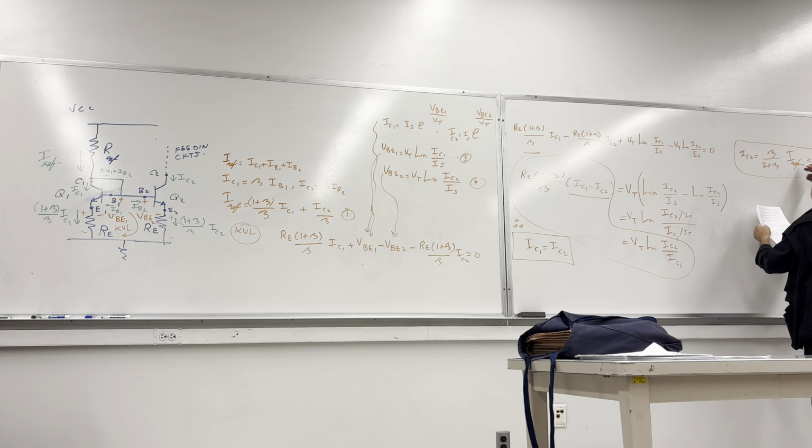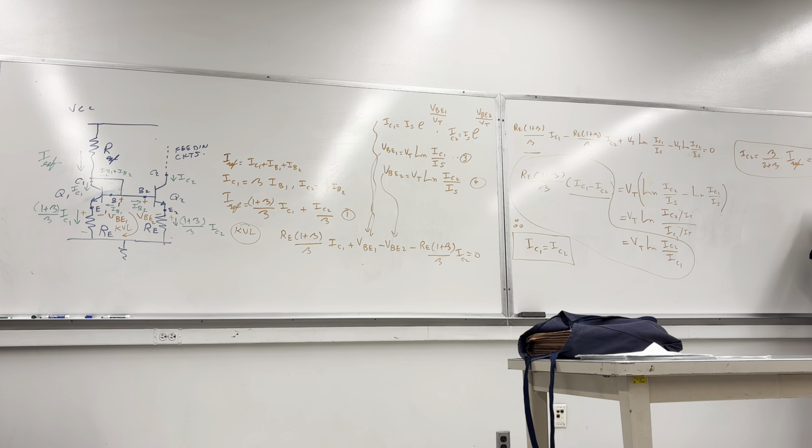Here, IC2 is equal to beta over 2 plus beta times IREF, and IREF is equal to VCC minus VBE1, which is the same as VBE2, over (1 plus beta over 2 plus beta) RE plus R ref.